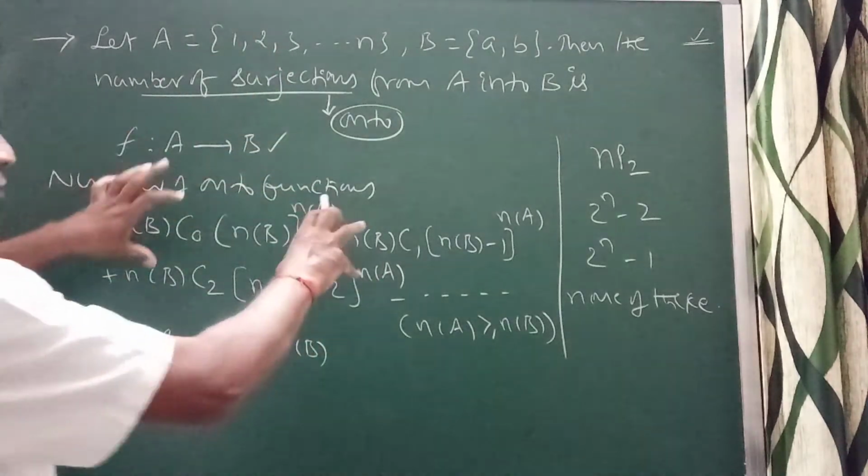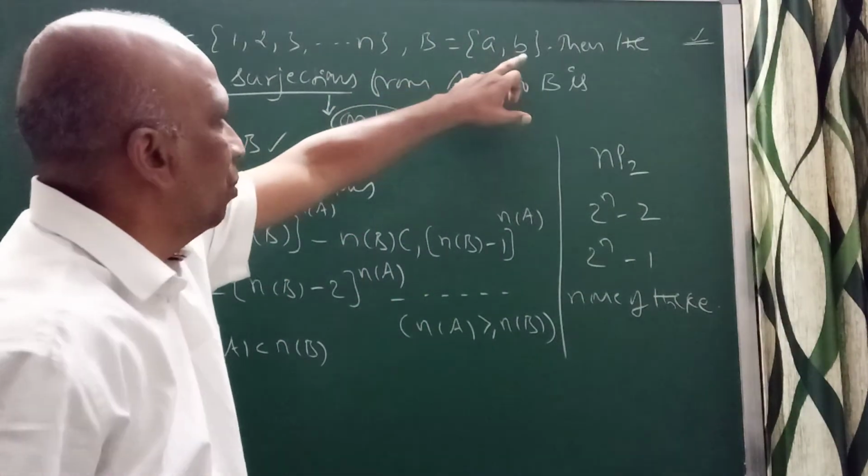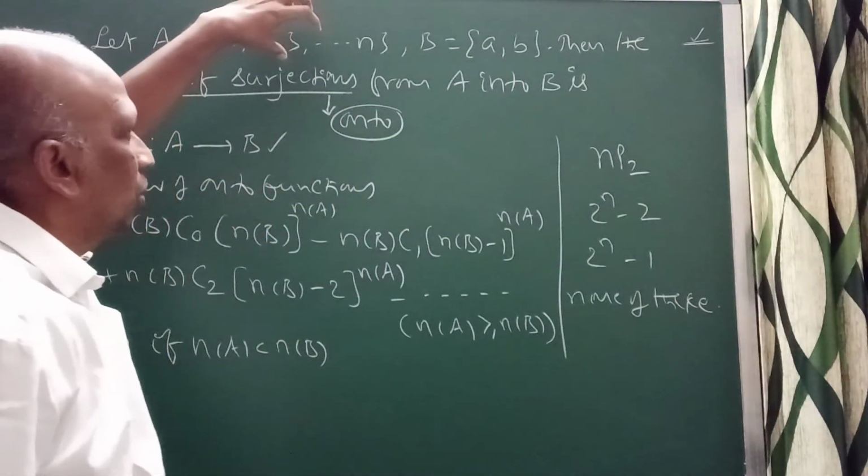Now you can see here, if we compare this formula, I have two elements here and n elements here, correct?